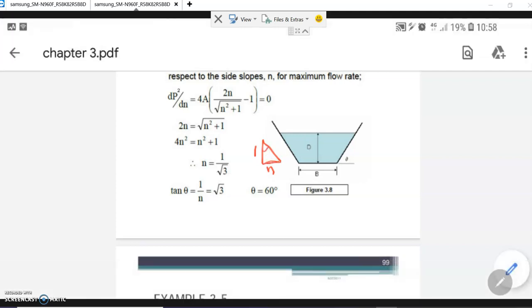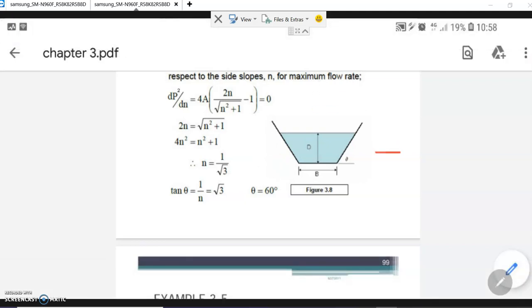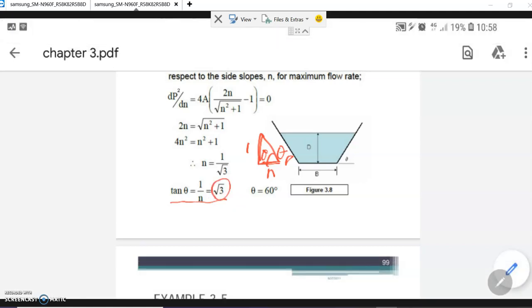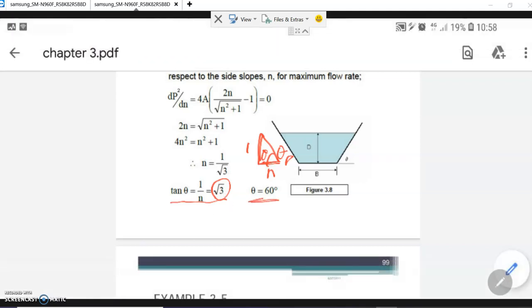Okay, so opposite over adjacent, and sorry, theta here. Okay, theta here. So we want to know the theta here. Okay, so theta is tangent inverse of 1 over N, equal to square root 3. So we solve the formula, so you get theta is 60. Okay, this is your theta 60.